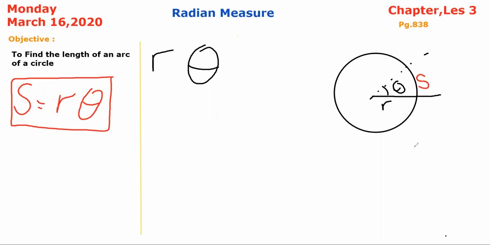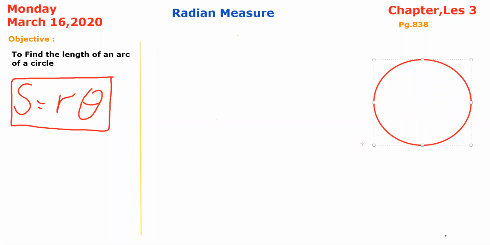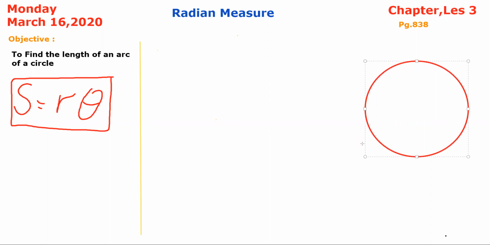Now, as an example, in problem number 3, page 838, you have this circle, approximately a circle. You have a radius here, which is 3 inches.